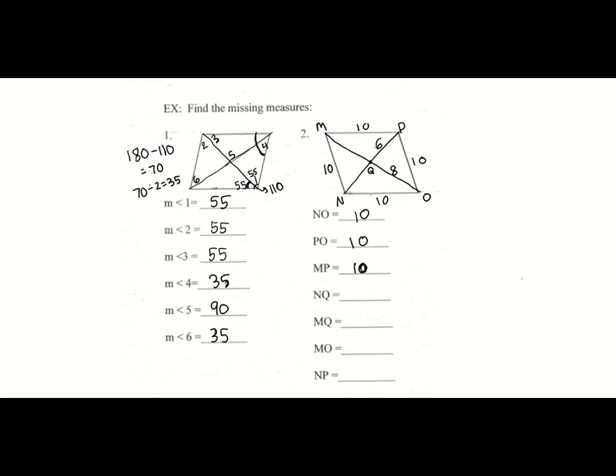Well, if we know PQ is 6, NQ is going to be 6. And if OQ is 8, MQ is going to be 8. Then MO, we know those two pieces are both 8, so we add them together and get 16. And NP, both those pieces are 6. 6 plus 6 gives us 12.